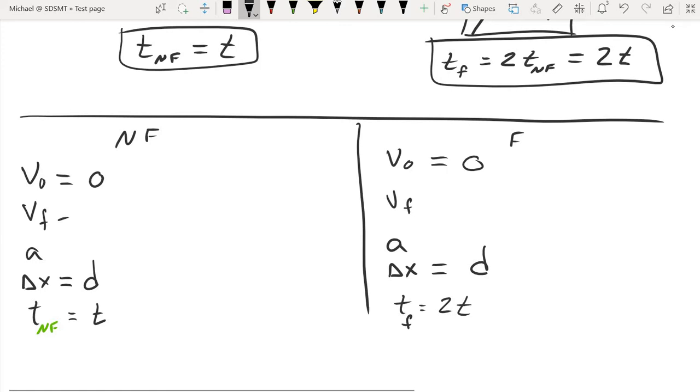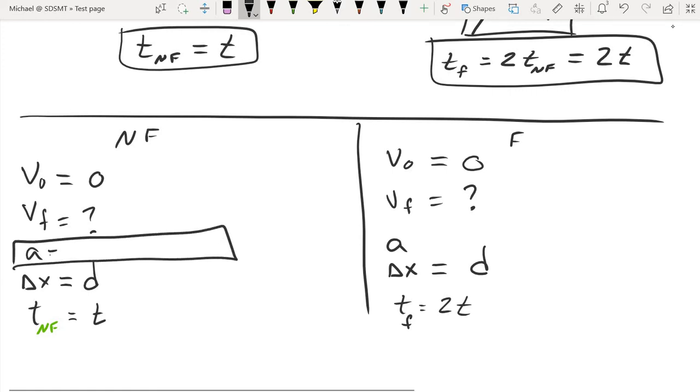The one thing I have absolutely no idea about is how fast the pig is going to be traveling when it gets down to the bottom of either slide, because in each case it's a different acceleration value. The pig is going to accelerate down the slide at different rates because of the inclusion or absence of friction.